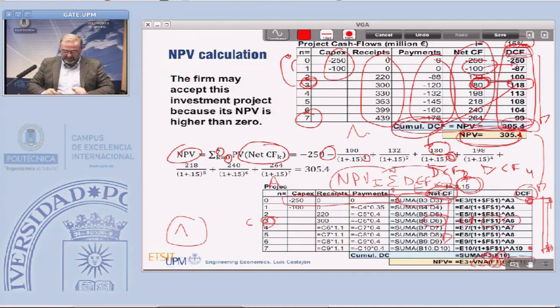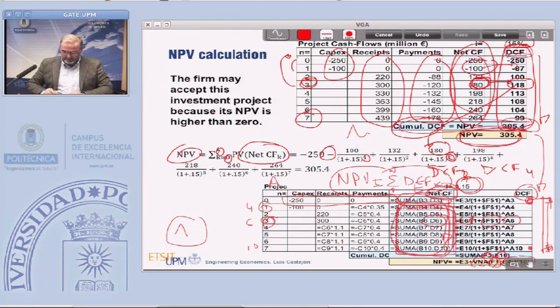So the column E, this one, the net cash flows from year 1, this is the row number 4, to the number 10, which is this one, the last one. So you have to use in the net present value Excel formula the net cash flows, not discounted, from year 1 to year n.